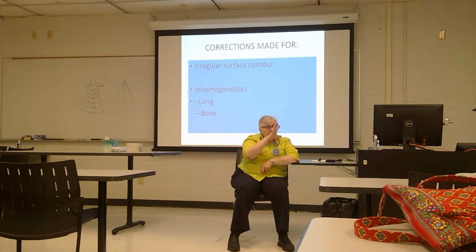You can do IMRT static, which would mean you do one field and the MLCs would move around, then you stop it and you do another field and the MLCs would move around, and then you do another field and the MLCs would move around. That is a static IMRT.